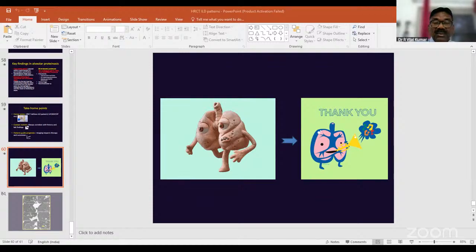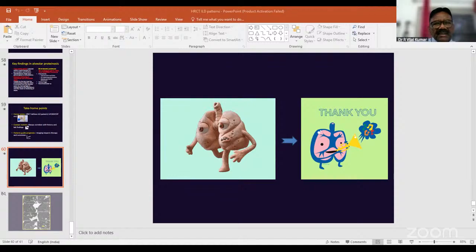Many patients who had extensive shadows in the CT scan, we took a repeat CT scan after 1 month, and everything disappeared. So that goes to show that the treatment given to these patients was excellent, whether it was steroids or roflumilast or remdesivir, whatever drug was given, they responded beautifully, and the CT scan was there to prove that everything has been eliminated.